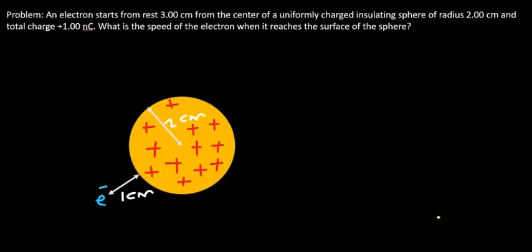Problem 3. An electron starts from rest 3 cm from the center of a uniformly charged insulating sphere of radius 2 cm with a total charge of 1 nanocoulomb. So an electron, labeled as E, starts at a distance 1 cm from the surface from rest. At that point, the speed is 0 meters per second.